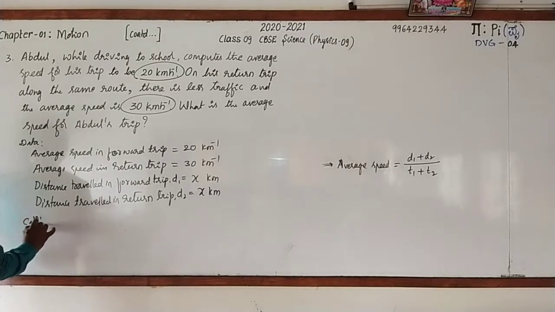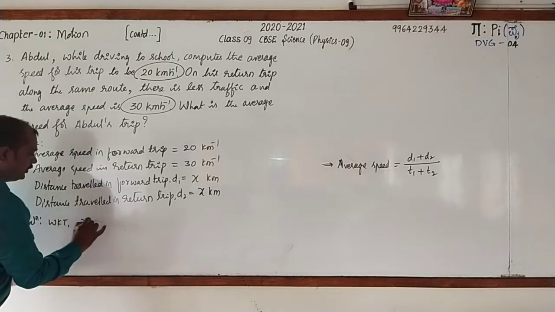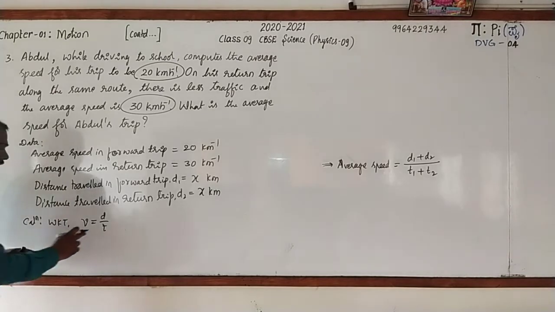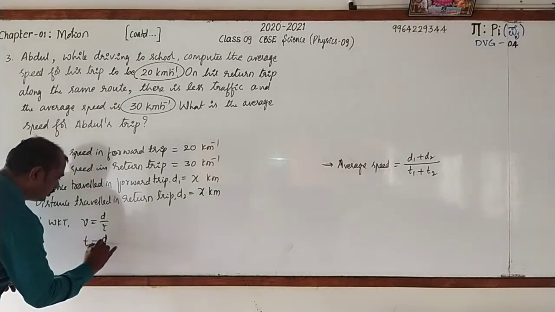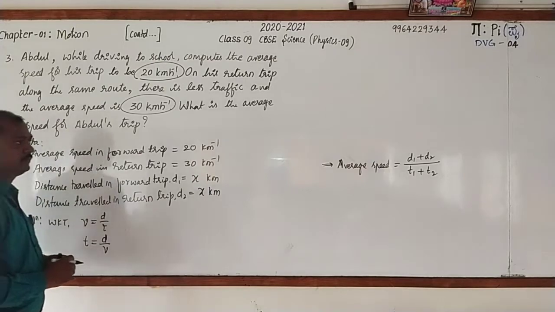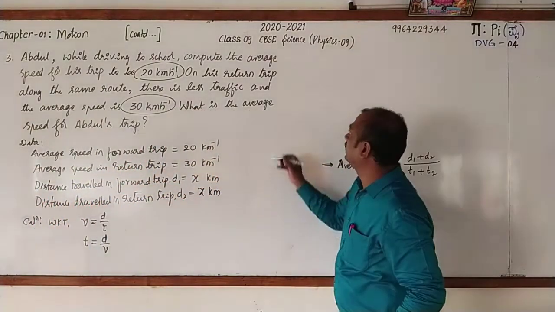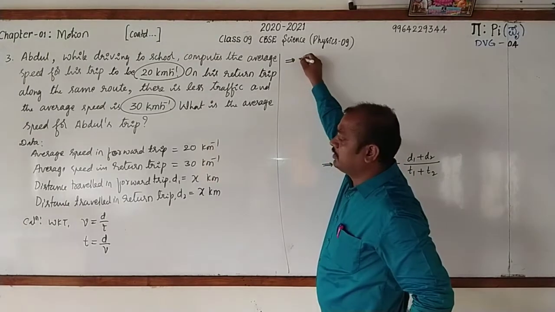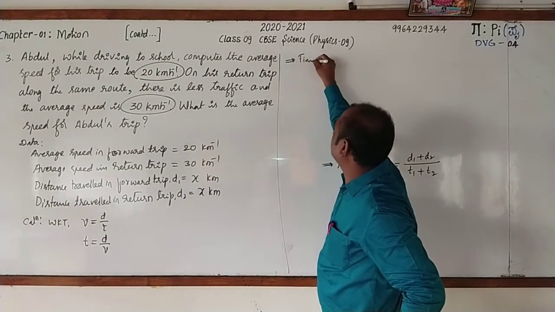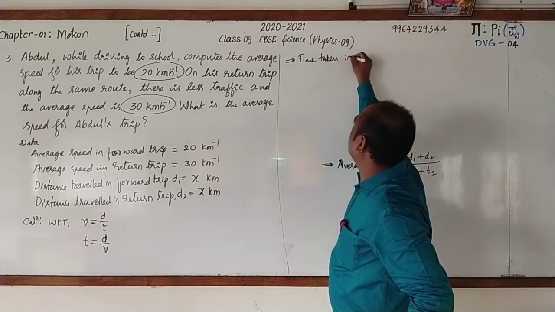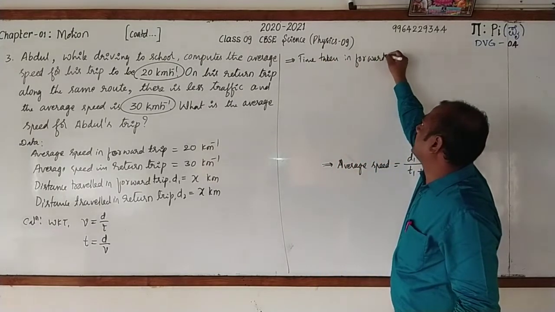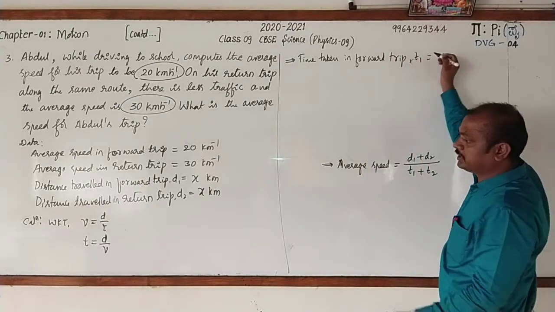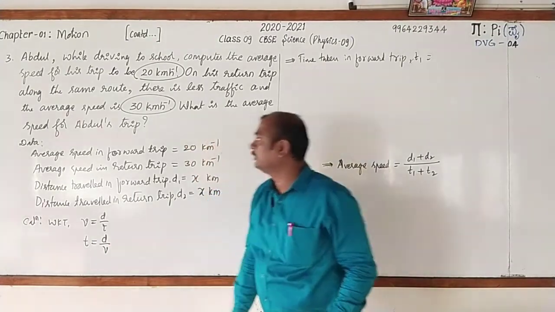Here we all know that V is equal to d by t. Speed is equal to distance by time taken. Then what about time? T is equal to distance by speed, that is d by V. Time taken in forward trip, call it as T1 is equal to d1 by V1.